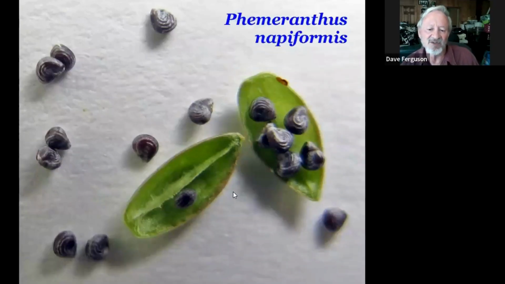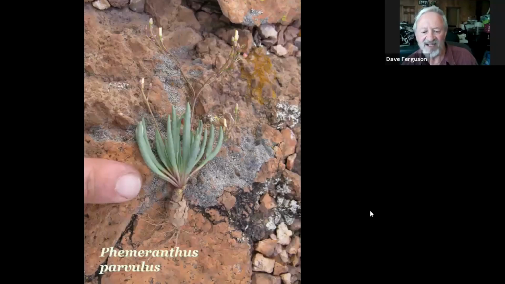The group is characterized by seeds that have concentric raised ridges, kind of an interesting pattern. And there's one exception to that trait. They all have a swollen tuberous taproot.